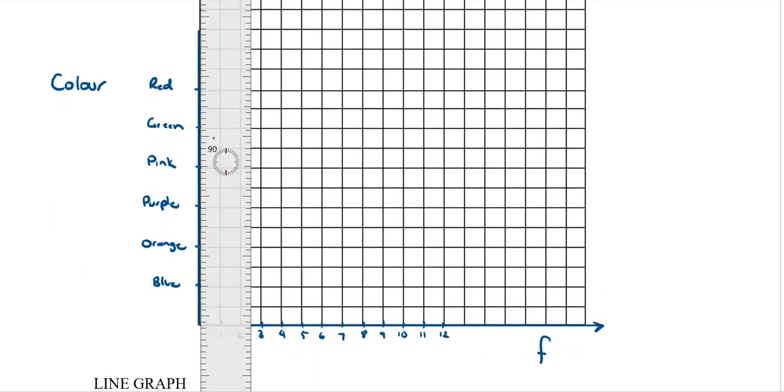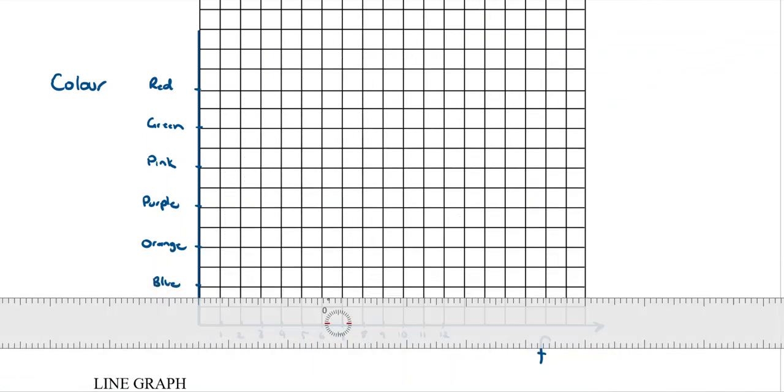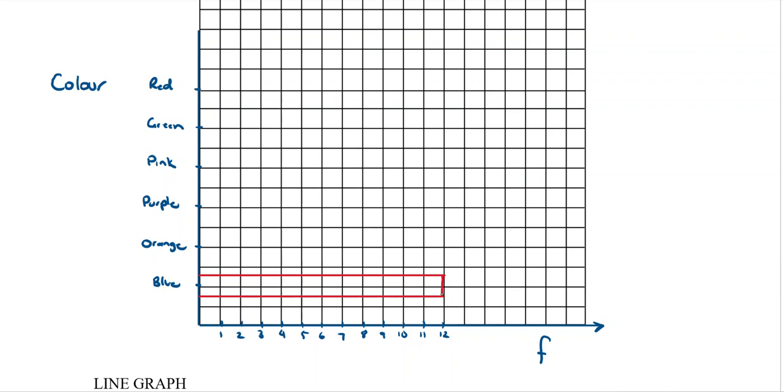Okay, so we're turning our ruler so that it's horizontal. We're going to start half a space below blue, and we're going to go out 12 spaces. Then move it half a space above the blue and go out 12 as well, so that you have your first bar.